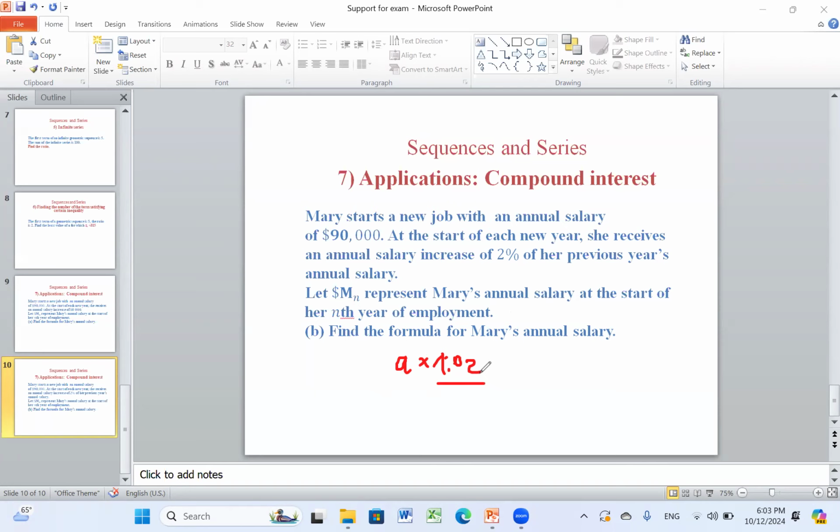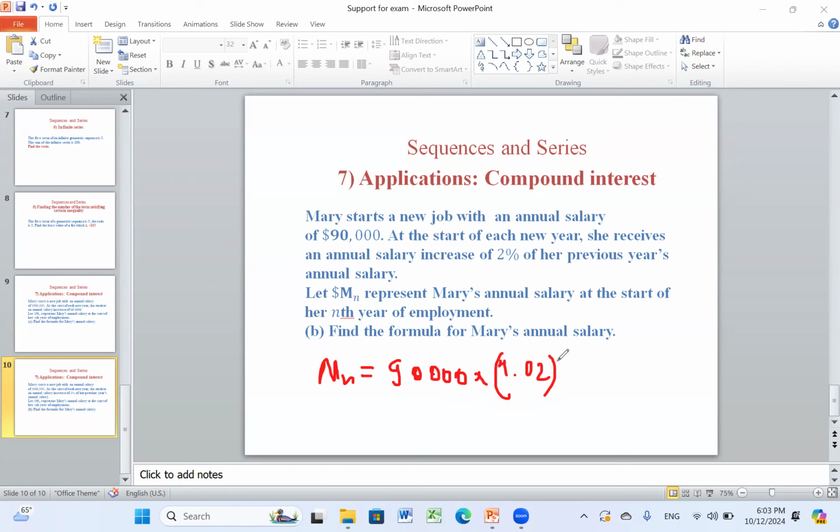We are going to use this idea here. So Mn is equal to 90,000 times 1.02, because it is the percentage. It is 100% plus 2% each time. But as it compounds yearly, it means that we get the previous year's increase too.